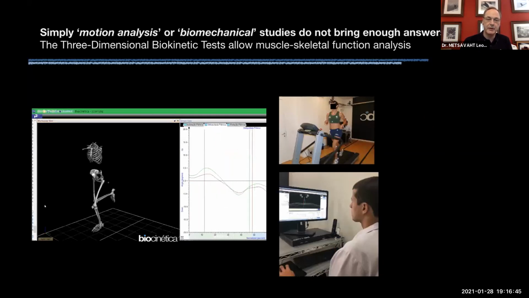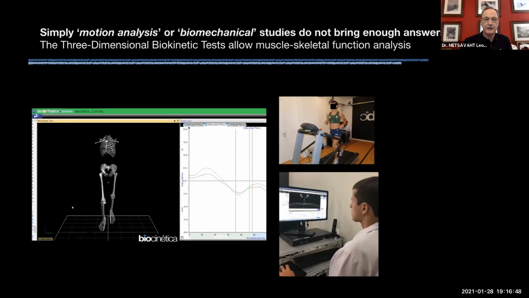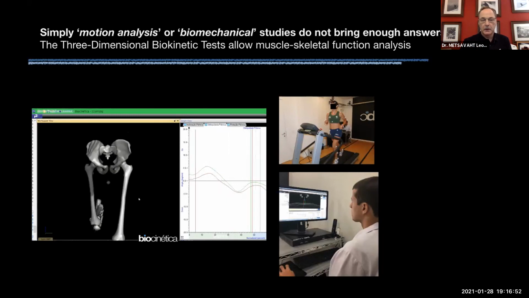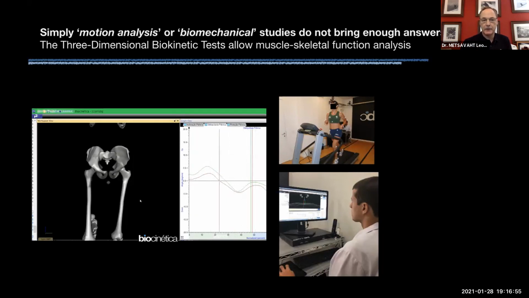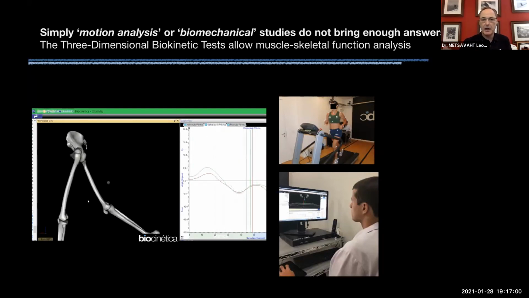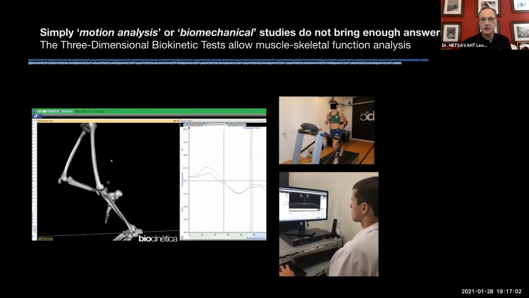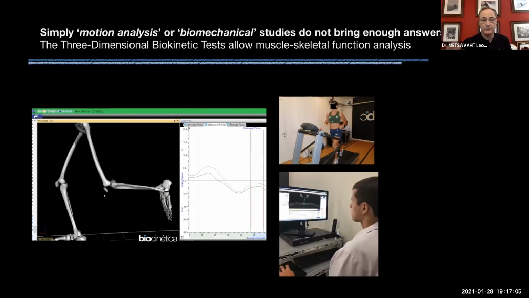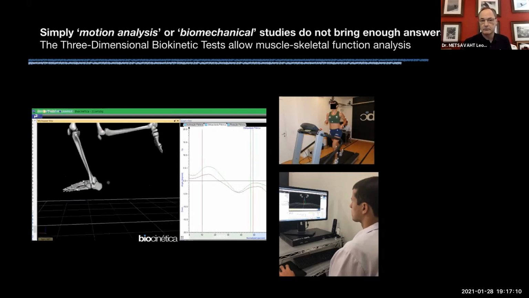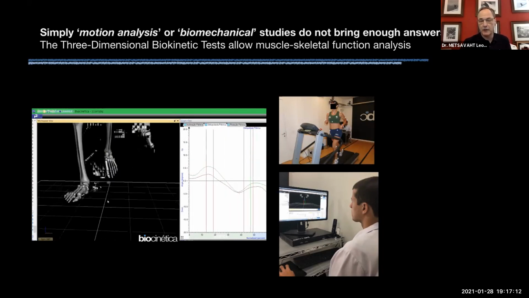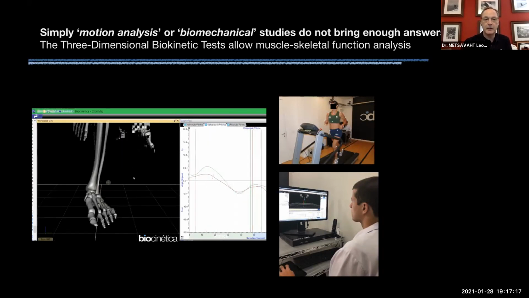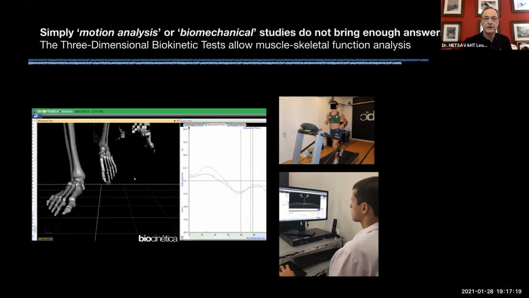And simply analyzing the motion of the human being is not enough. Because if a person has an exquisite motion, you have to understand why he has that motion. If he's limping, why he's limping. He may be limping because of restriction of range of motion in one of the joints, the hip, the knee, or the ankle. He may be limping because he has some weakness, maybe in the triceps, quadriceps, gluteus. So it's not simply to understand, to see 3D motion.